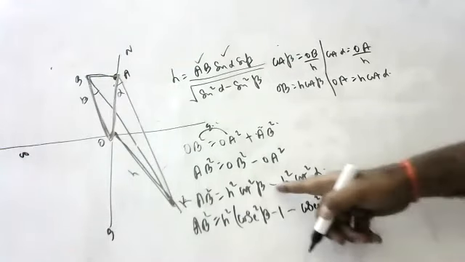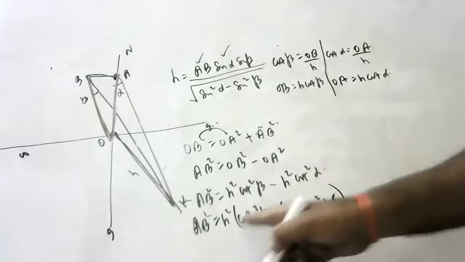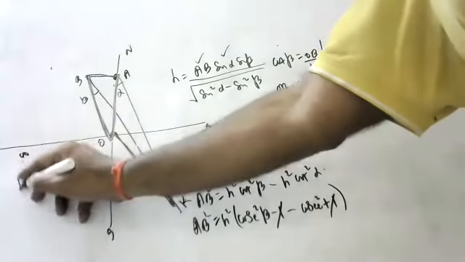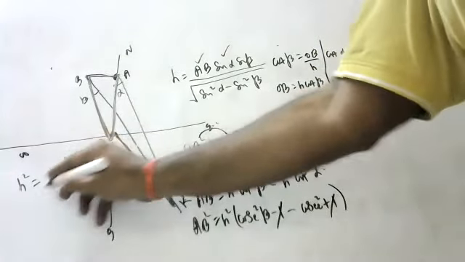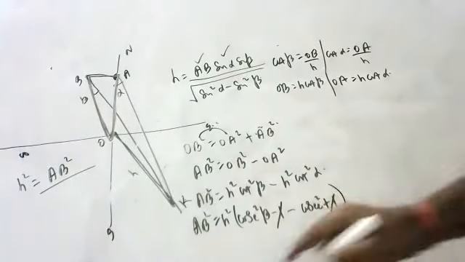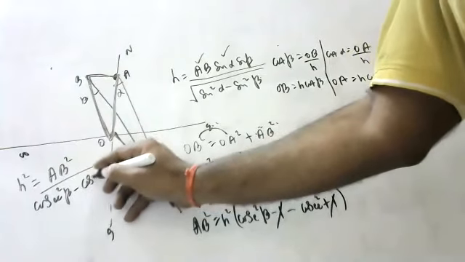Minus of minus becomes plus 1, so minus 1 plus 1 is gone. So H square is AB square by cosecant square beta minus cosecant square alpha.